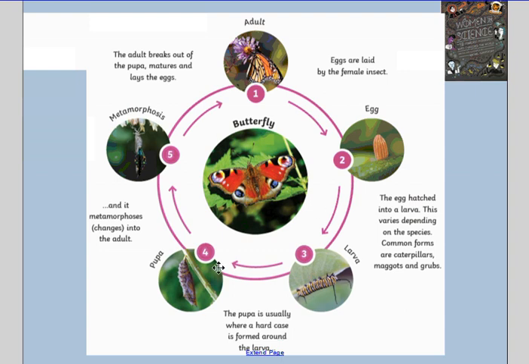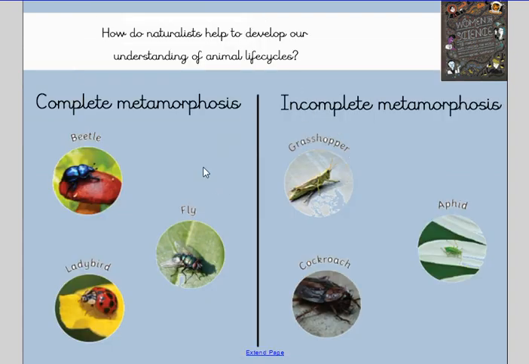We then have this stage where they turn into a pupa. So a hard case is formed around the larva, and then we have this full, complete metamorphosis. So we get a completely different looking creature by the end. So we get the butterfly. So there's complete and incomplete, and it's to do with the change. Is it a complete change, such as these ones, or an incomplete change, like these ones here?